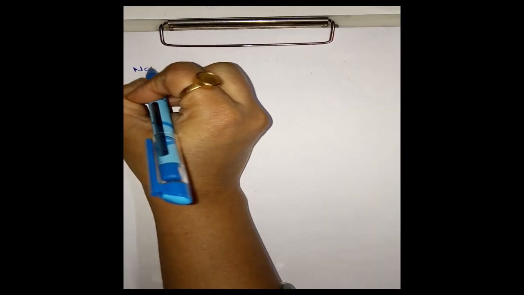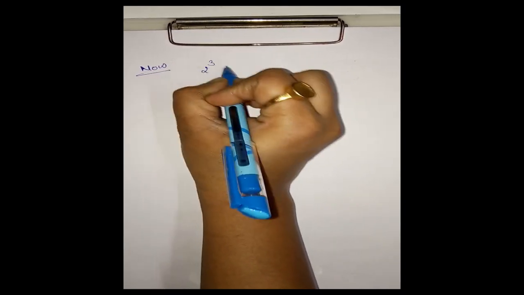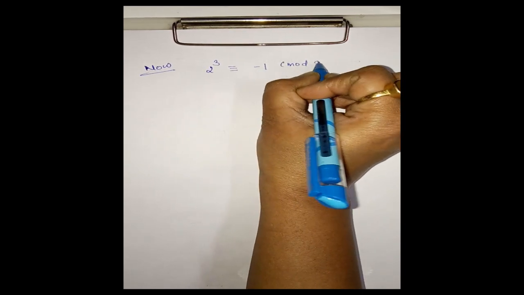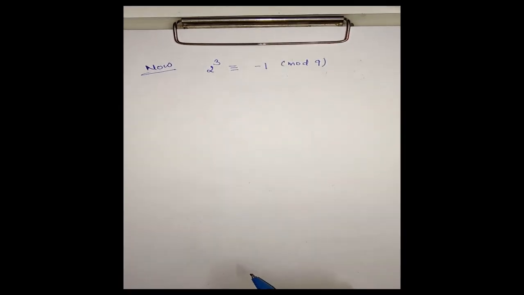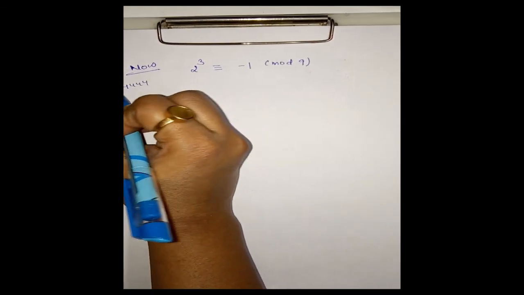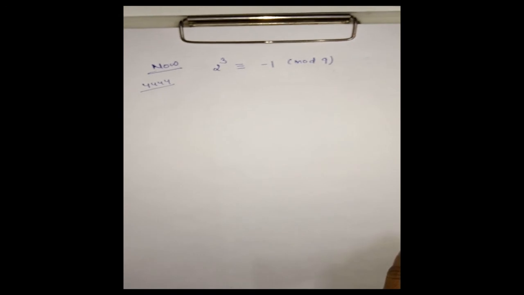Now 2 cube is congruent to minus 1 modulo 9. Now we have to reach this power 4 times 4.